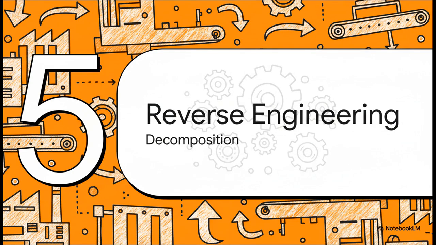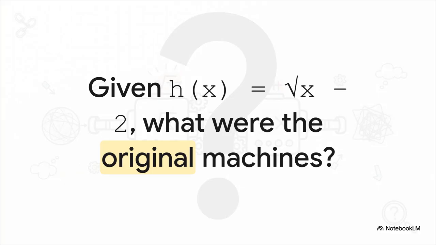Okay, so we've gotten really good at building the assembly line, but what about taking it apart? This is a skill called decomposition, and it's kind of like being a detective. So imagine this scenario. You're handed just the final product, this function, h of x. Your job is to figure out what were the two simpler machines, the f and the g, that were chained together to make this more complex one.